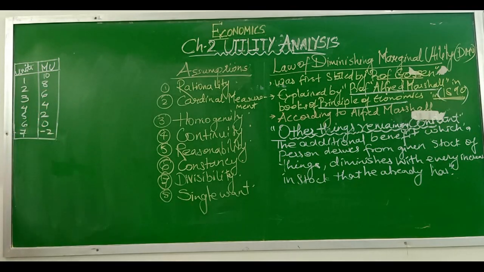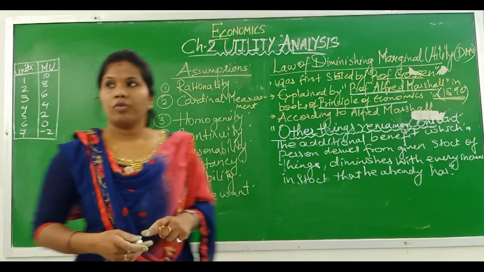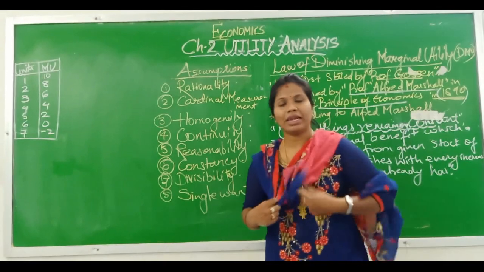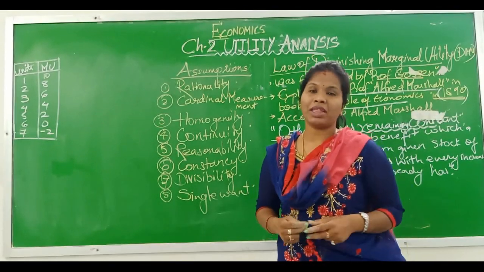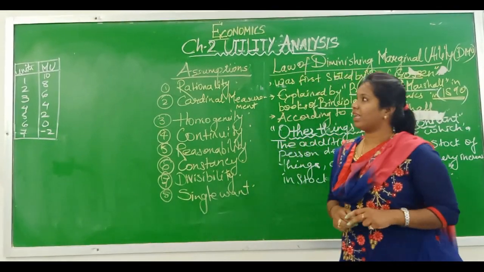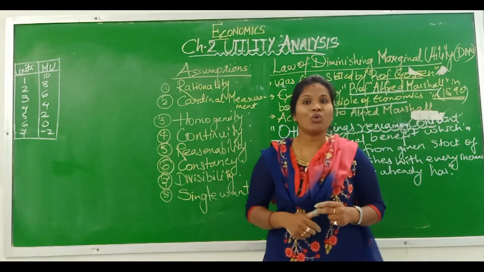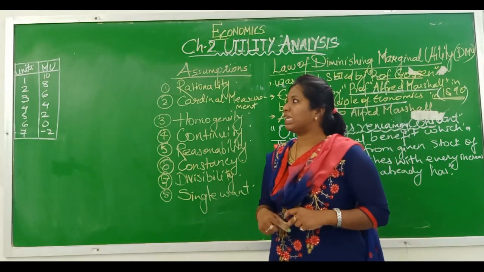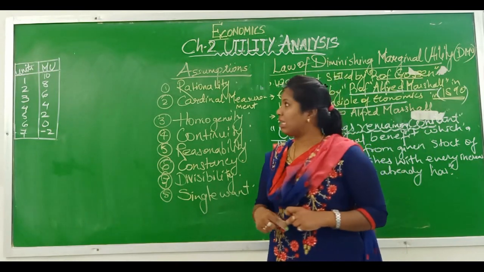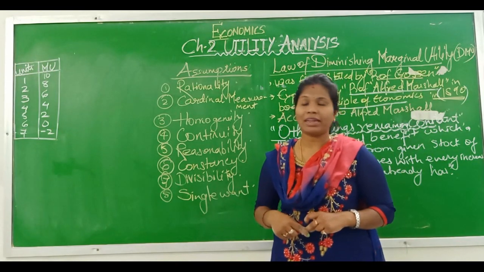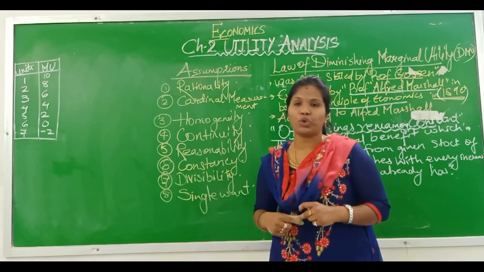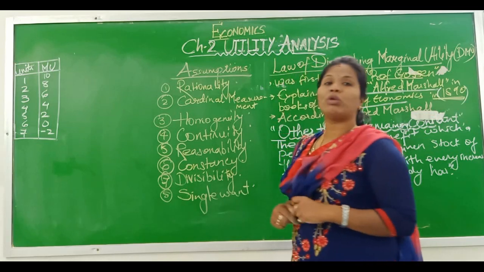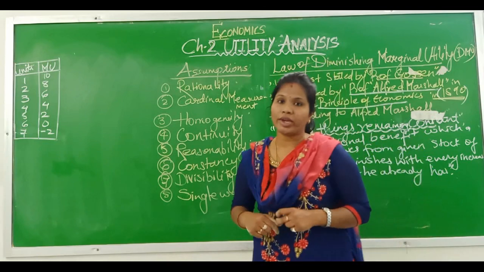From the schedule, we can say that marginal utility is maximum in the first unit, that is 10. As units increase, marginal utility starts declining, decreasing from the second unit: 8, 6, 4, 2. There is a point where marginal utility becomes 0 at unit 6.